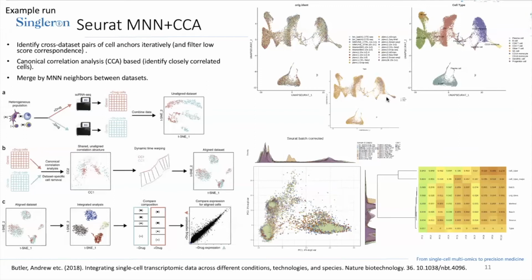But when we look at the colors by disease versus normal cells, we can see that Seurat may be overcorrecting a little bit, including the diseased as well as the normal cells all in this one cloudy location.